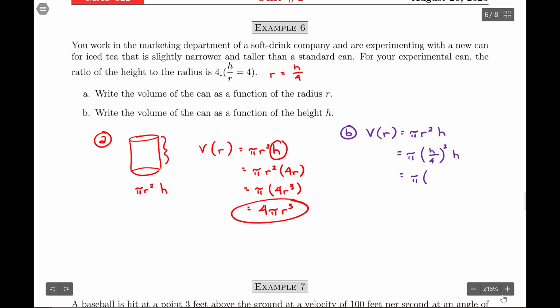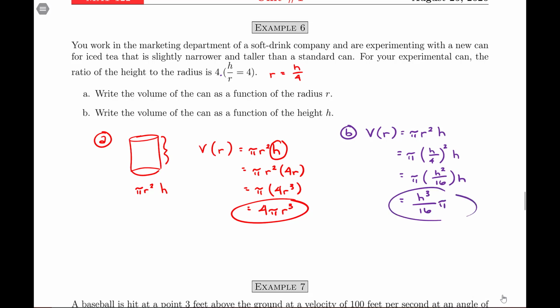And then that gives me pi times h squared over 16 times h. Multiply everything through by h, and I get h cubed over 16 pi as my volume in terms of h, and I should have written that as volume as defined by h rather than r.